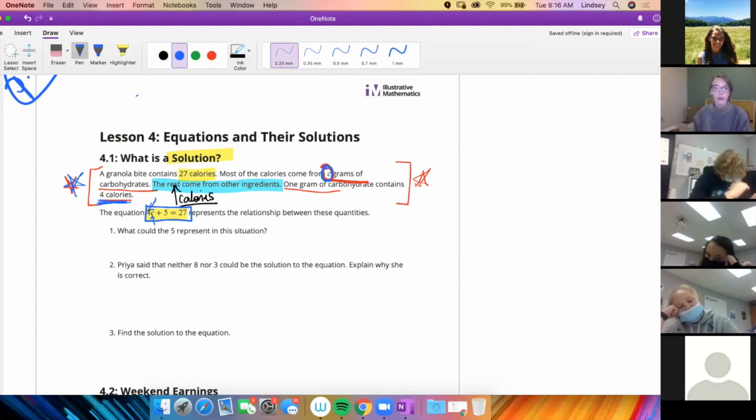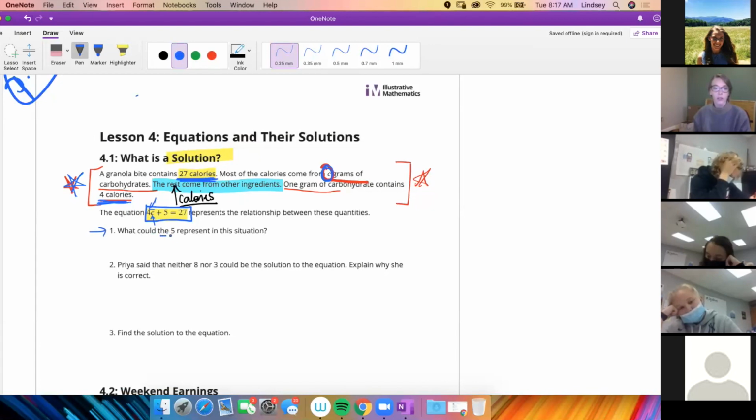Okay, good. So for each gram of carbs, it's 4 calories. So that's what that 4C represents. And then we have this 27, which represented what? How many calories the granola bar or bite contains? Yes, so the total amount of calories. Good.